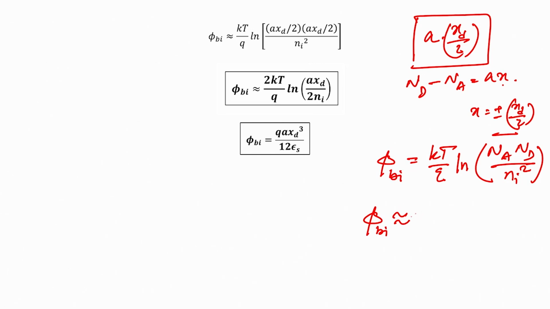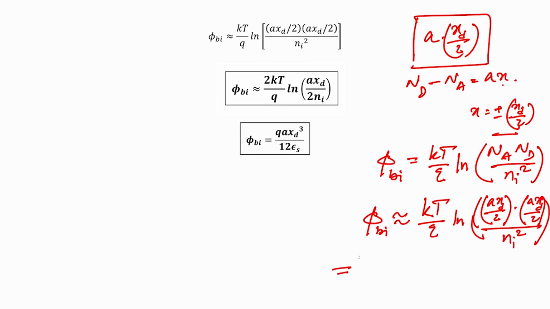Built-in potential equal to kT by q ln, instead of Na Nd now we will use the doping density we obtained at the two edges of the depletion width, that is A xd by 2 into A xd by 2 by Ni square.